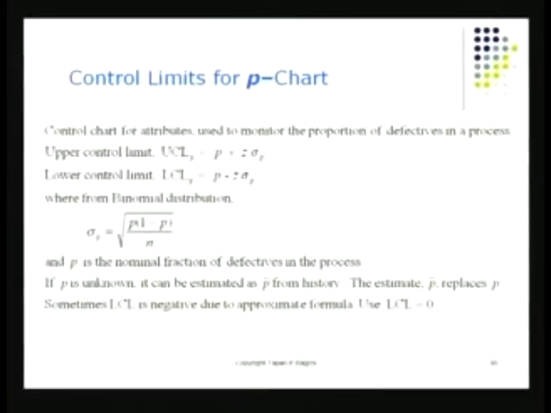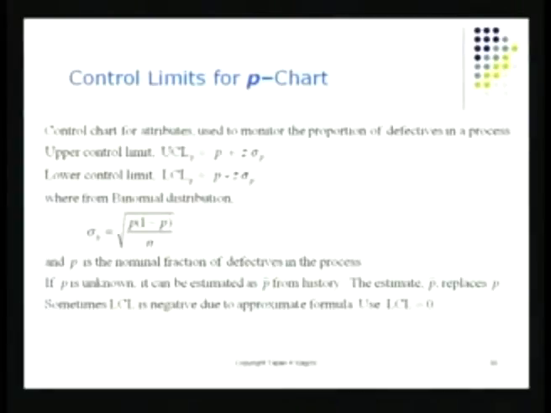This Z value is from the standard normal table, and it gives you the cutoff point, the value of Z beyond which only a small tail of the normal distribution lies. And these of course have the assumption that the normal distribution is applicable in this particular case, the distribution of defectives, for example, fraction defectives.